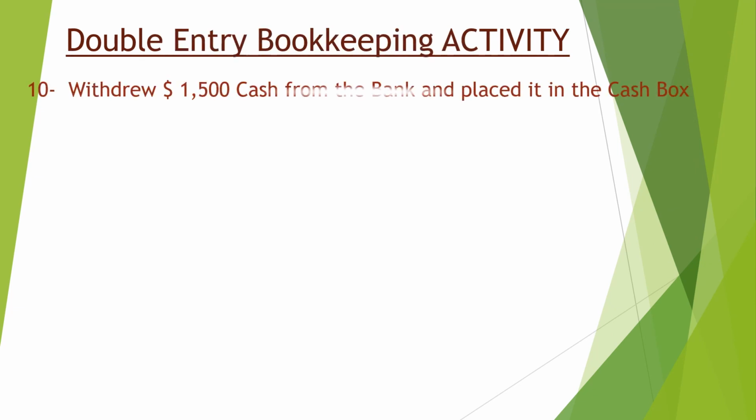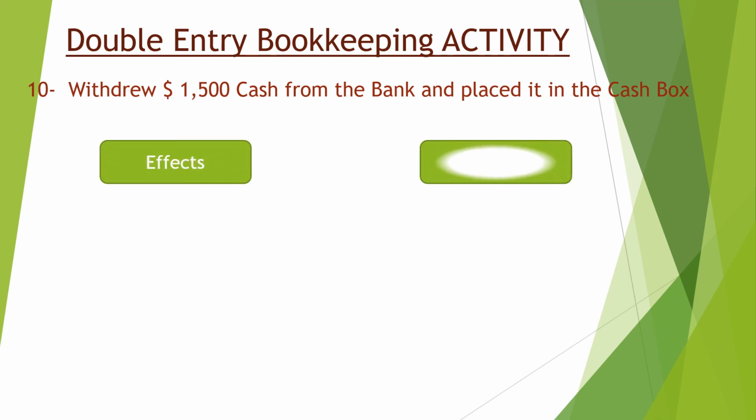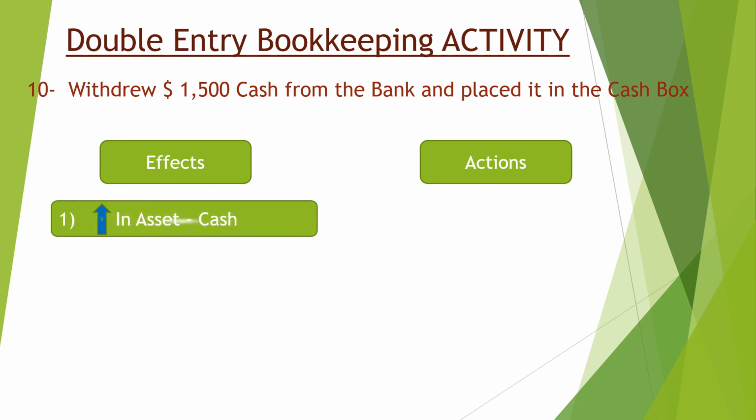The final entry, withdrew $1,500 cash from the bank and placed it in the cash box. Now, of course, the cash box means the office cash box. So let's see the effects and the actions. Increase in asset, cash, because the cash came from the bank.